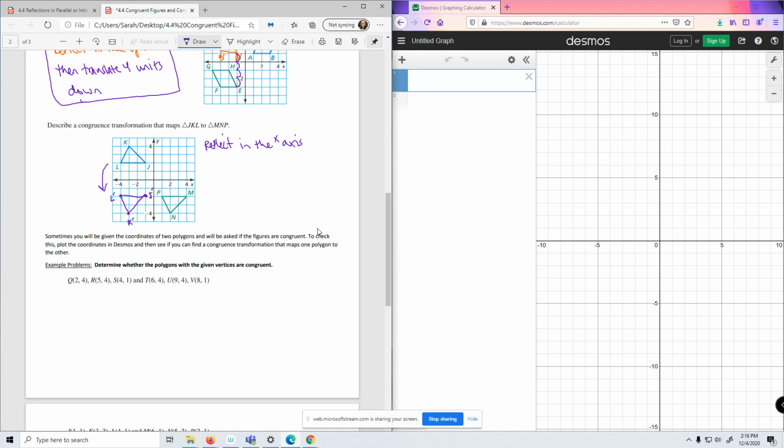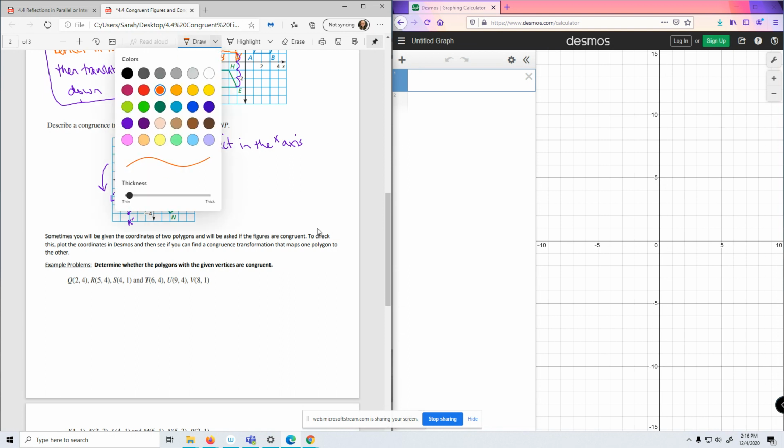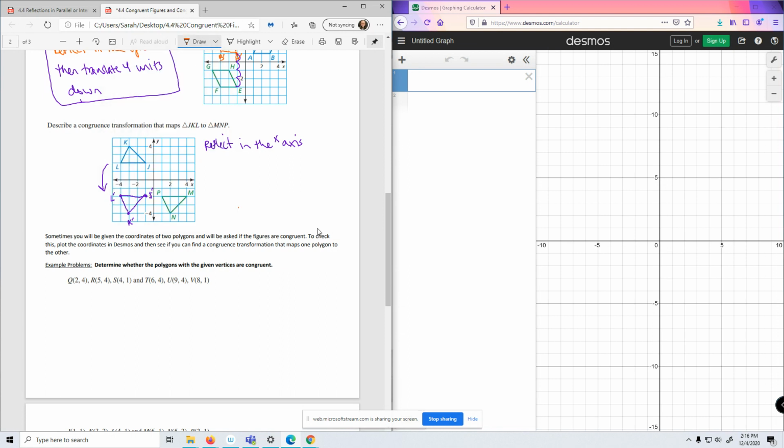Now, how do I get from the purple triangle to the green triangle? It looks like it just slid or translated. How far did we slide or translate? I'm going to go with this bottom vertex, K to N, and see how it moves. I'm moving 1, 2, 3, 4, 5. And if I check it out, 1, 2, 3, 4, 5, I end up at M. 1, 2, 3, 4, 5, I end up at P. They all are the same.